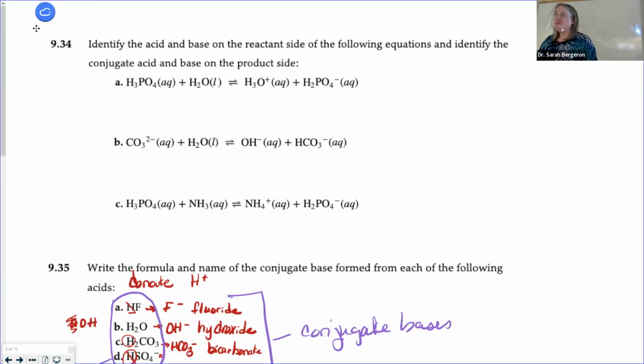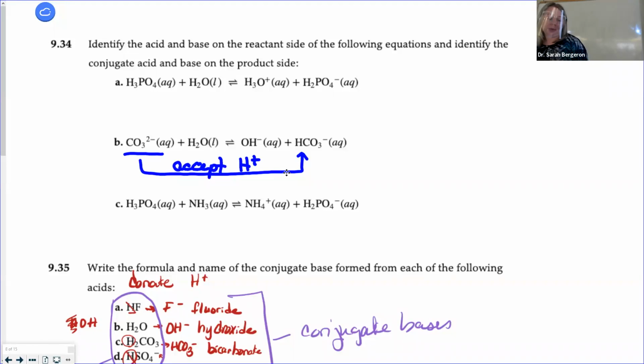Right. So we're identifying the acid and base on the reactant side, and then identifying the conjugate acid and conjugate base on the product side. So let's take our first reactant and track it over and see what happens. Did it accept a hydrogen or did it donate a hydrogen? It accepted a hydrogen. So what do we call substances that accept hydrogens?